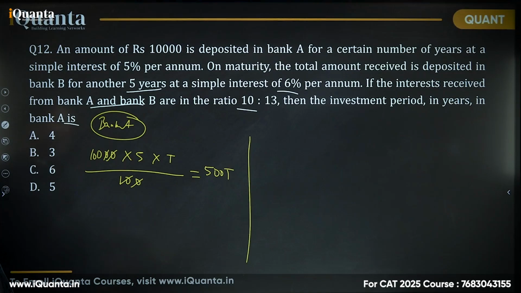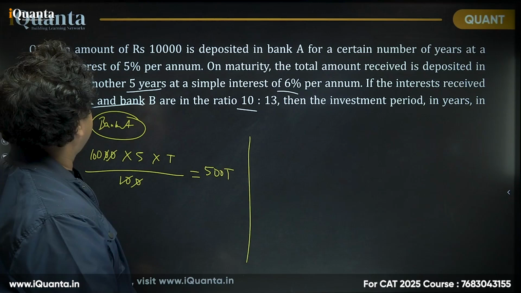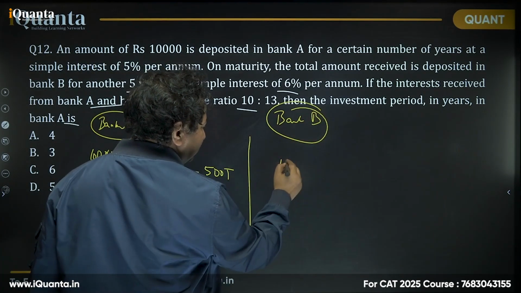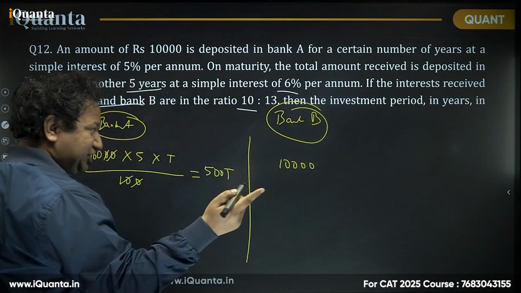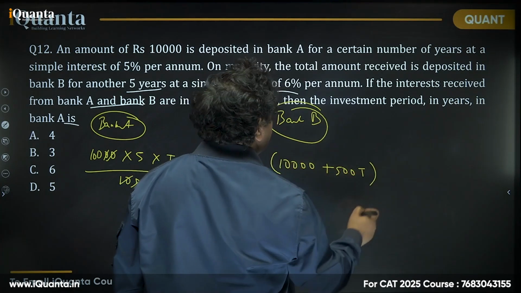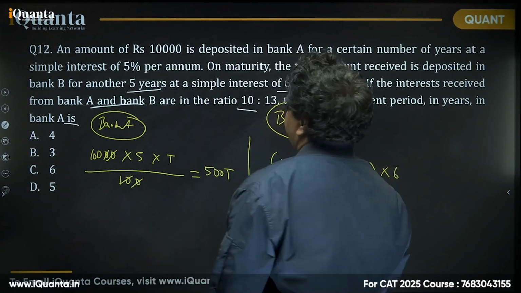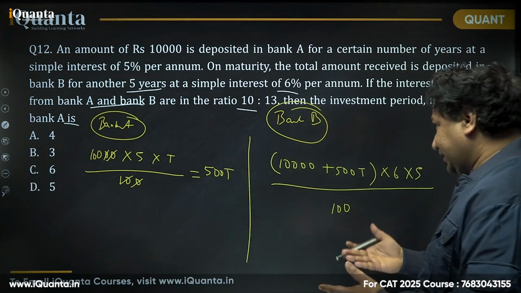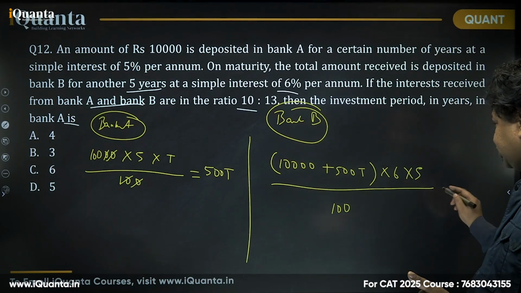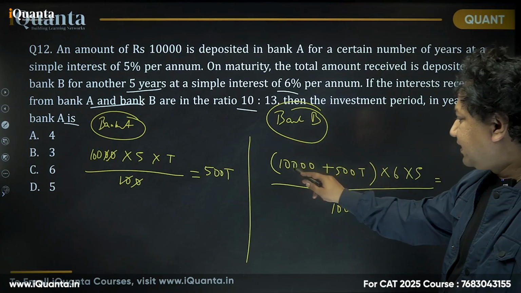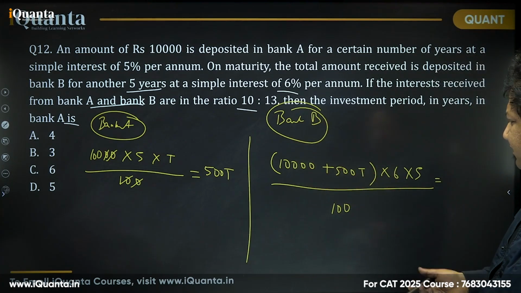Nice. Now, what happens? This amount is invested in Bank B. So for Bank B, the investment will be 10,000, the principal initially, plus this 500T. This whole has been invested at 6% for 5 years. So here the overall interest will be how much? 5 into 6, 30. So this will be 10,000 into 30, 300,000.